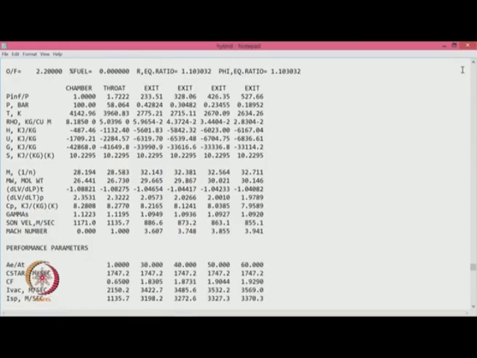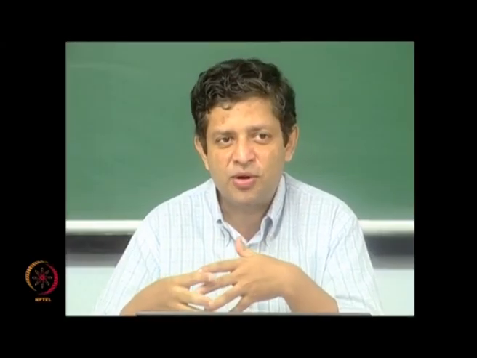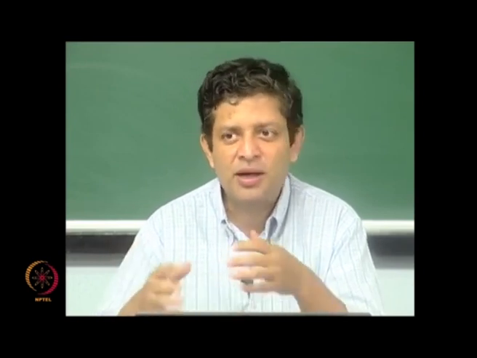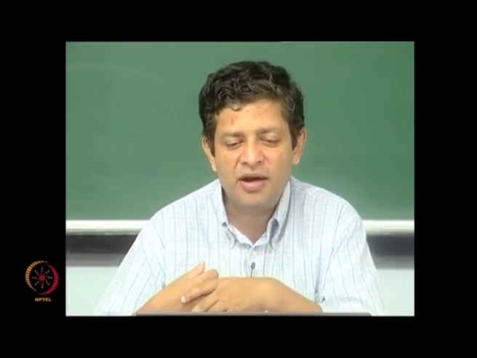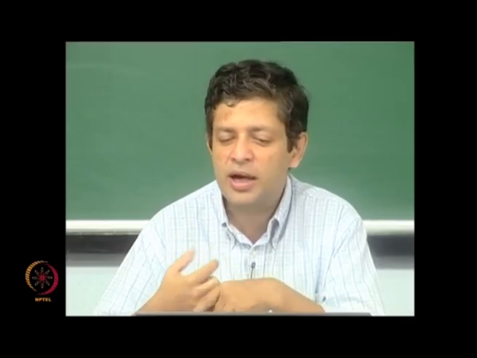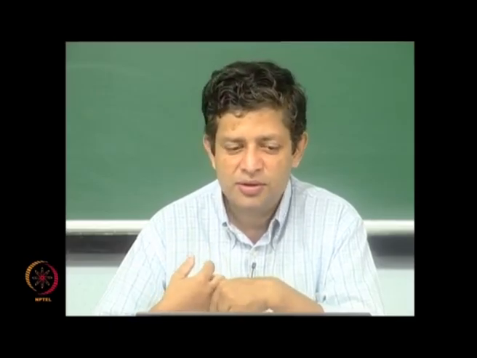So, with aluminum hydride you can also change the fraction of aluminum hydride and find out where you will get the best performance. What we have probably selected is not the optimal. So, you can play around with it and find out at what fraction you will get a better performance.